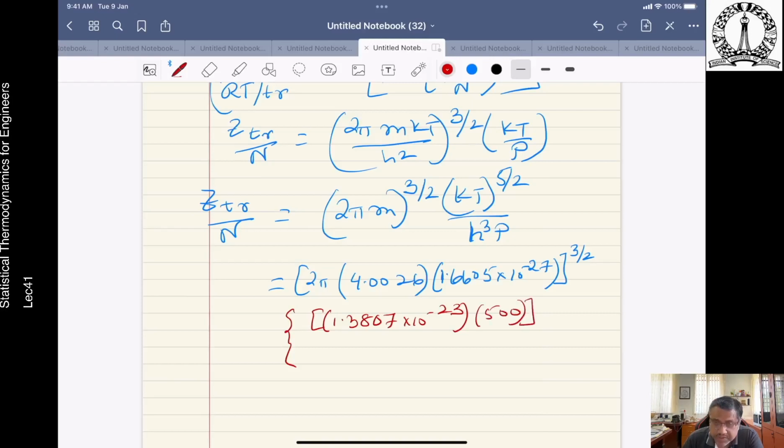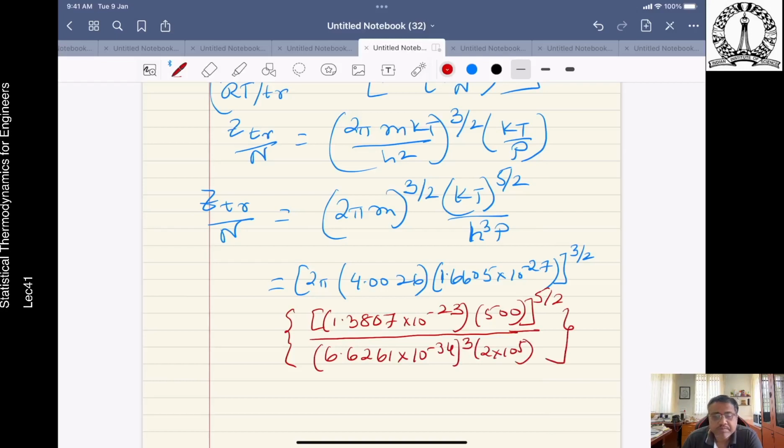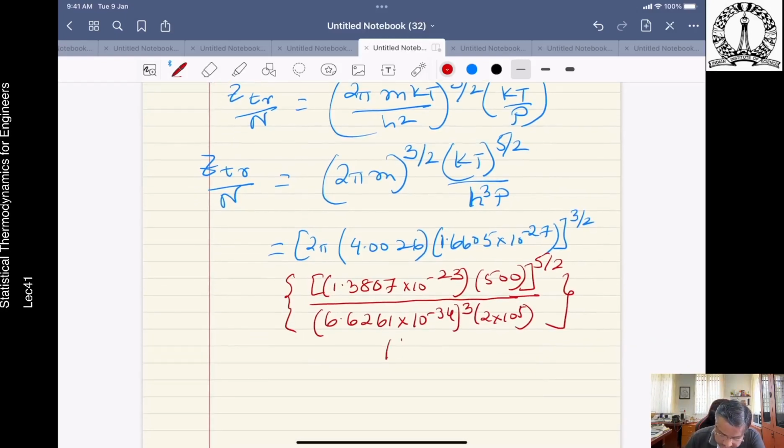This entire thing is raised to the power of 5 by 2, divided by 6.6 into 10 to the power of minus 34 cubed. From here we calculate that Z translation by N is equal to 5.808 into 10 to the power of 5.